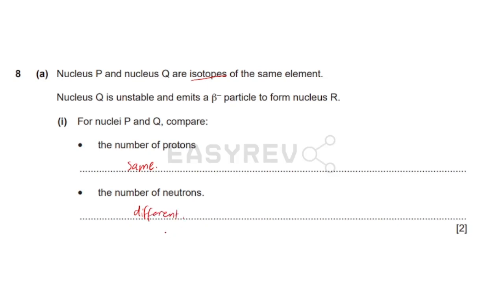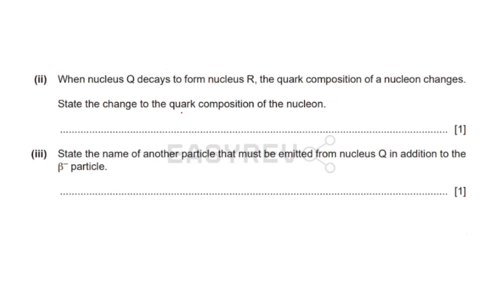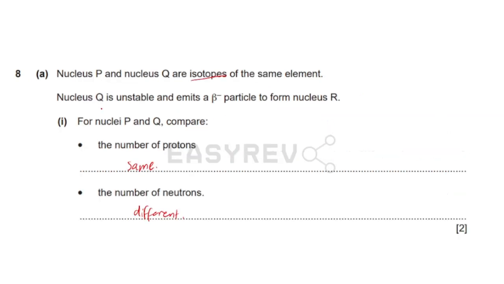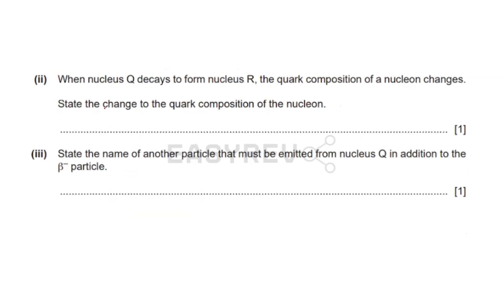Alright, next part. When nucleus Q decays to form nucleus R, the quark composition of a nucleon changes. State the change to the quark composition of the nucleon. Now, we're told here that nucleus Q is the one that's emitting a beta minus particle to form a new nucleus R. Here we remind ourselves that beta minus decay is basically a high-speed electron leaving a nucleus, right?